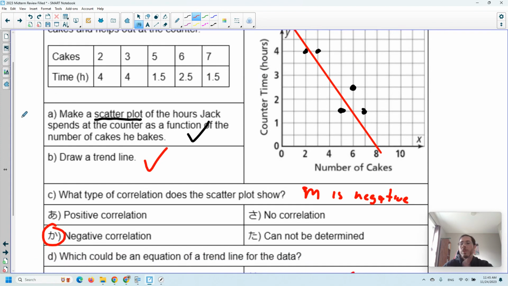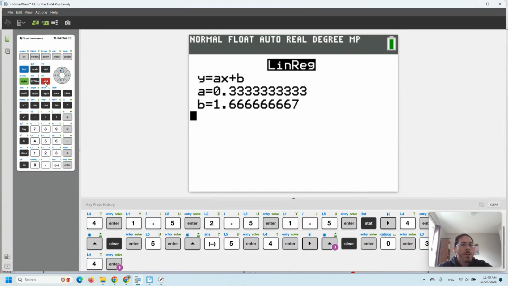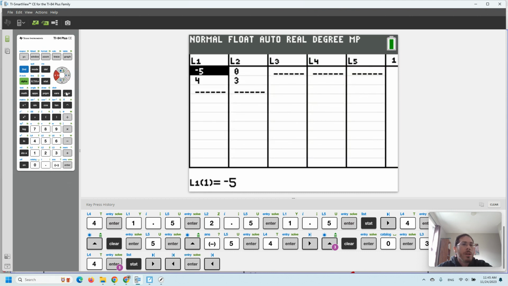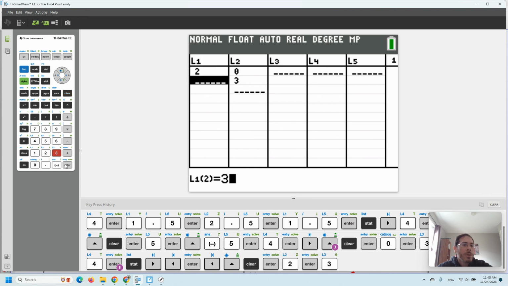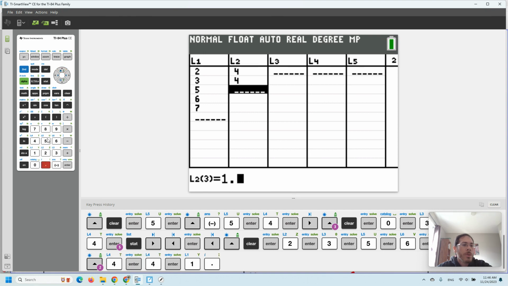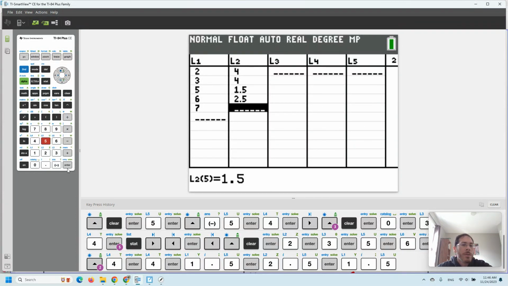But since I don't know, I'm actually going to plug it in and see what we get. Let's go to stat, edit, and plug in our data. We had 2, 3, 5, 6, 7, and then over here in L2, I think it was 4, 4, 1.5, 2.5, 1.5.